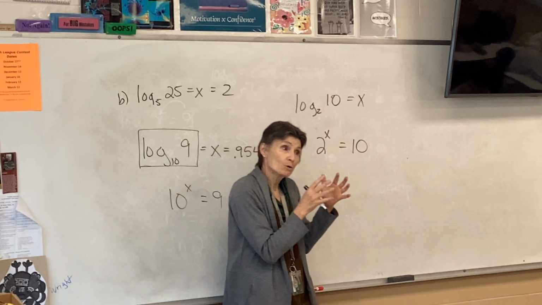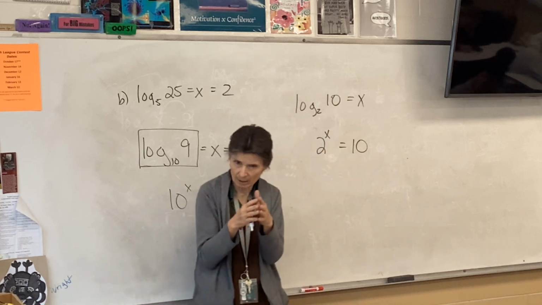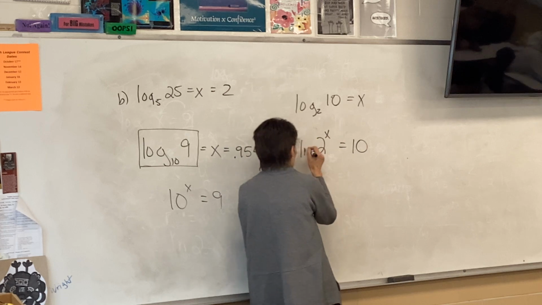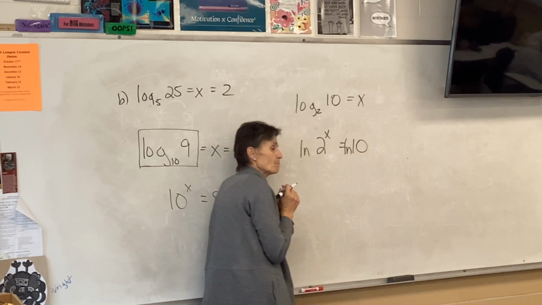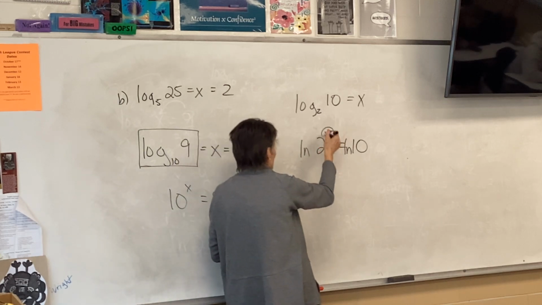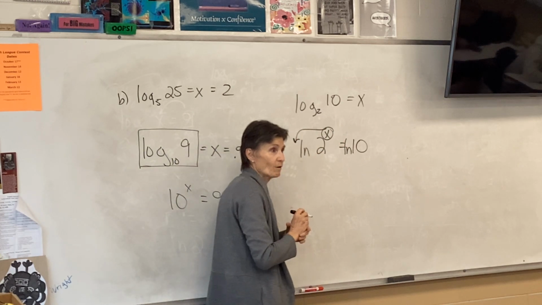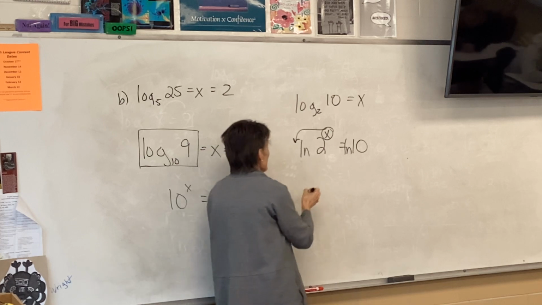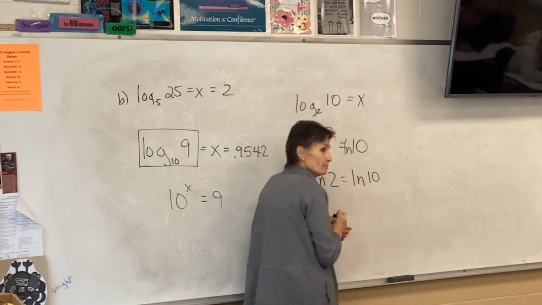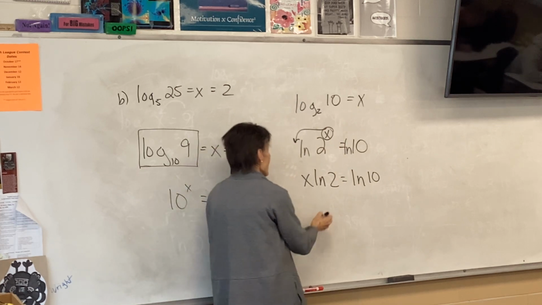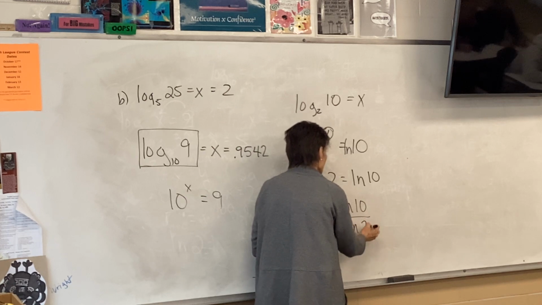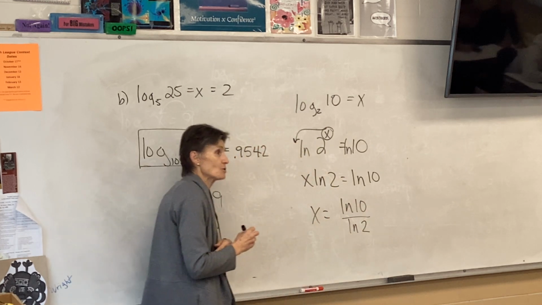You can either log both sides, or you can ln both sides, whatever you want. I'll ln just for the heck of it, okay? Now, as soon as I do that, this becomes a coefficient, that's one of our properties of logarithms. So x ln 2 equals ln 10.